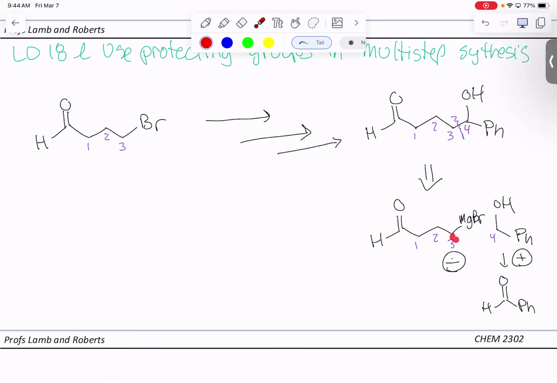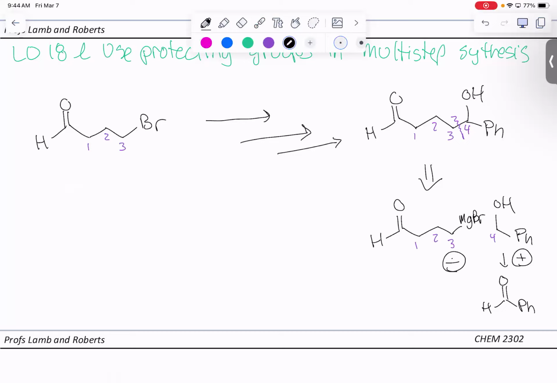We cannot have a Grignard reagent in our reaction. We want it to react with this aldehyde, but we're going to tell it can't react with this aldehyde and another equivalent of the starting material, or it can't do a cyclization reaction. We can't do that, and that's where protecting groups come in, all right?